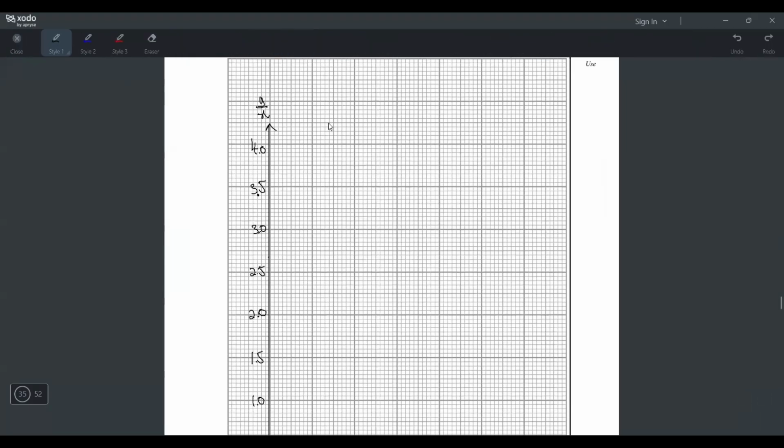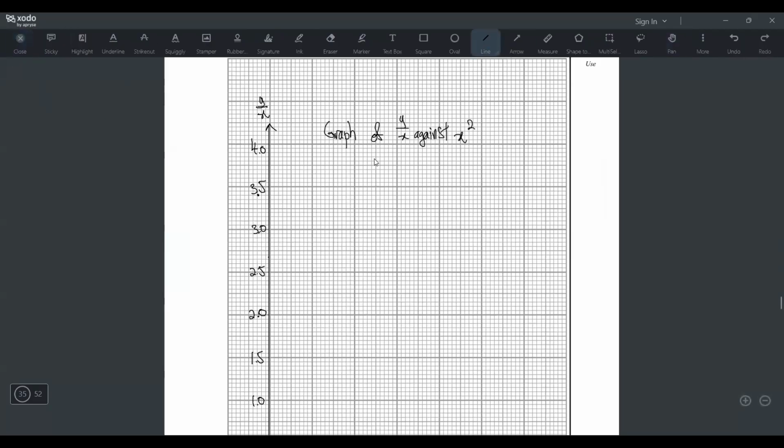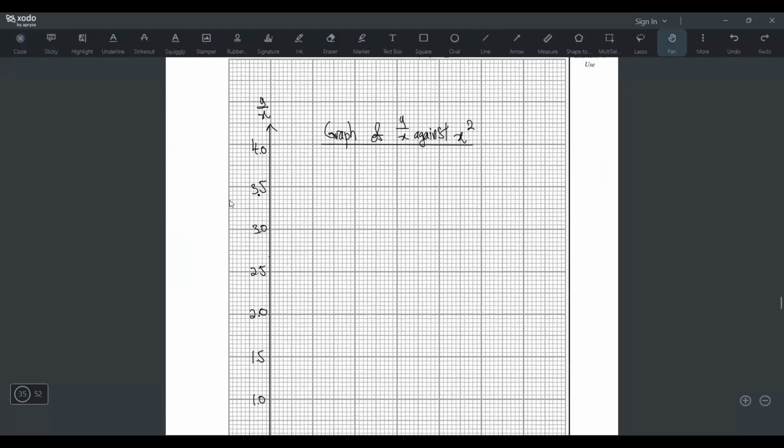I know sometimes students write the title last, but you can write it now also. If you write it now, then later you don't have to write it. So the title will be graph of y over x against x squared. You can write this title later also, but I'll just write it now. Okay, so done already. Now we can start to plot the points and then draw the line of best fit.